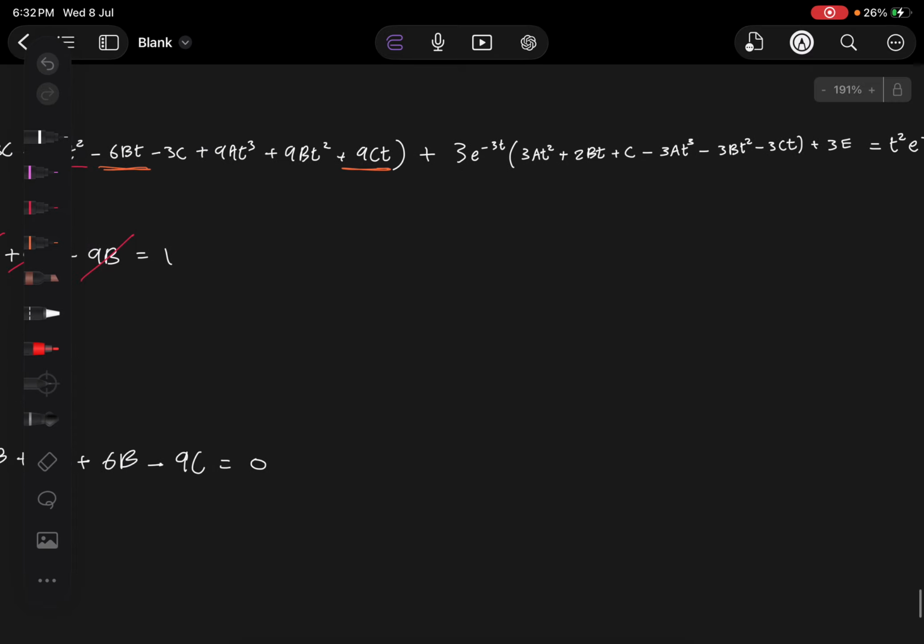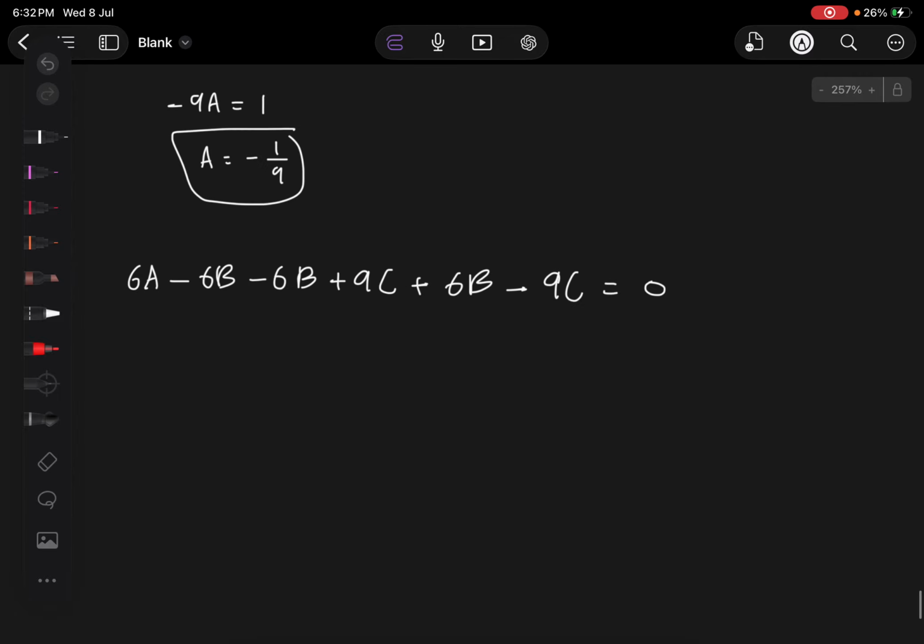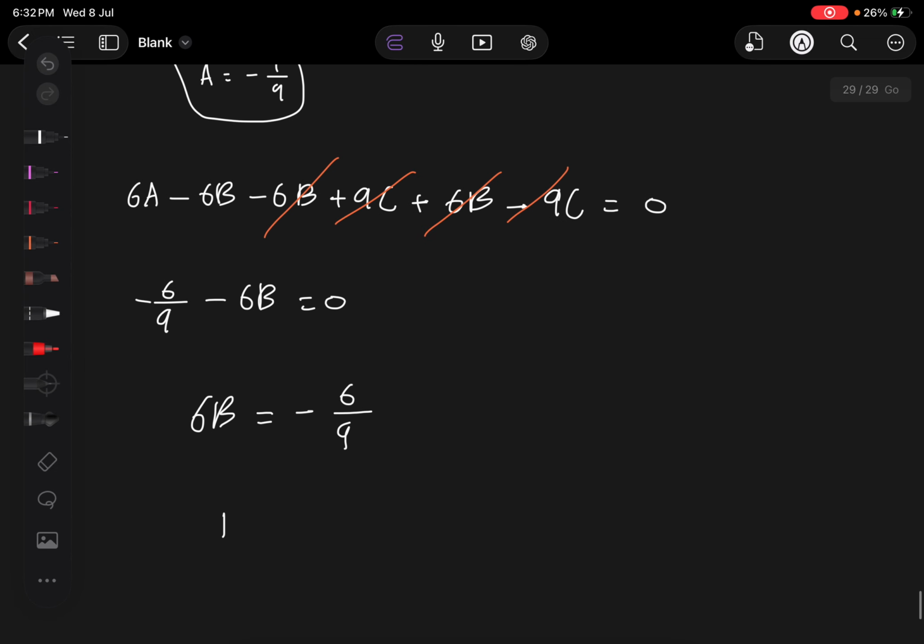So this is negative 6 over 9, minus 6b equals 0. So 6b is equal to negative 6 over 9. So b is equal to... wait, what?